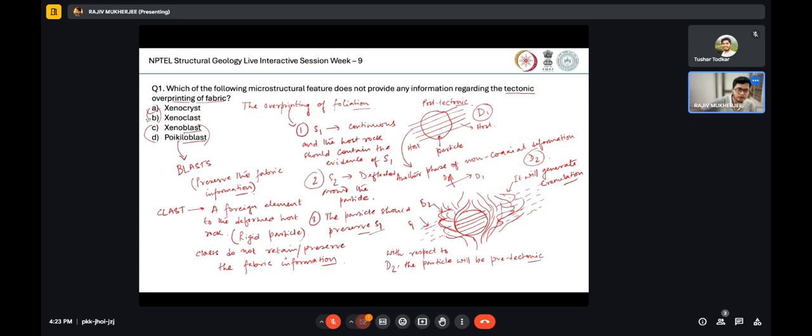A and B both should be correct in this case, because xenocrysts are crystals that are fragmented from the wall rock, and they are consumed or assimilated within the rock. I mean, xenocryst is a term that we commonly use for igneous rocks, right?